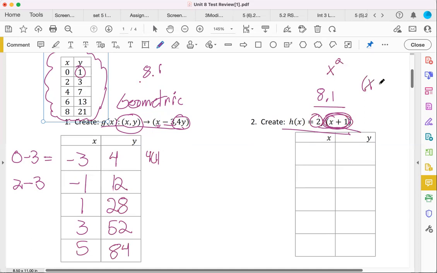But then when you saw this, what was that transformation like if it was now parentheses x plus 1 being squared? Hopefully you're saying that it moved everything to the left 1 unit.